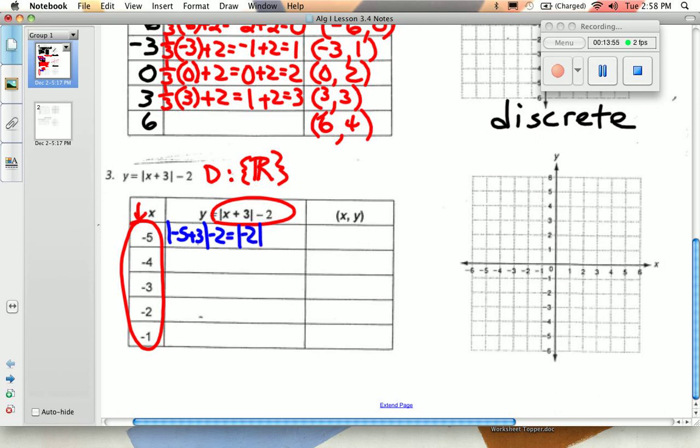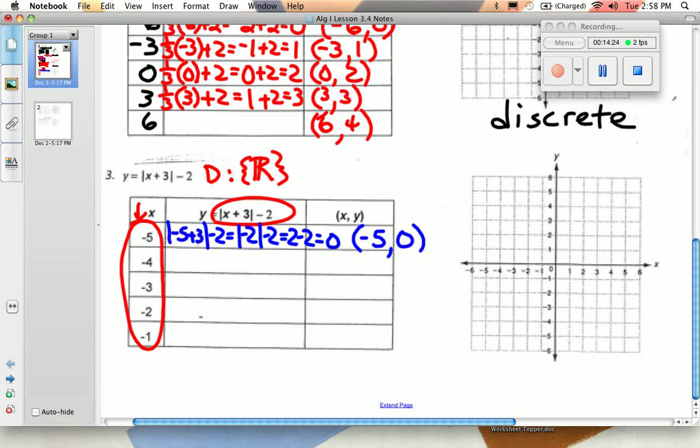So we end up with the absolute value of -2, and then outside of that, take away 2. What is the absolute value of -2? Positive 2. So now we've got 2 take away 2. That's 0. It's okay if we get into our other column a little bit. So our ordered pair is -5, 0. Okay.